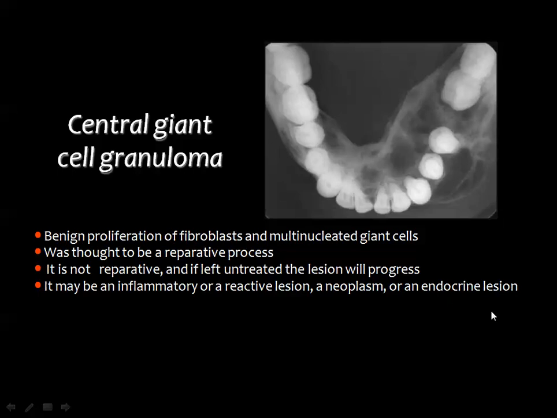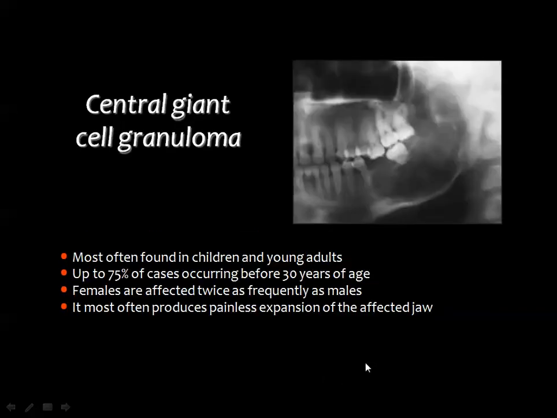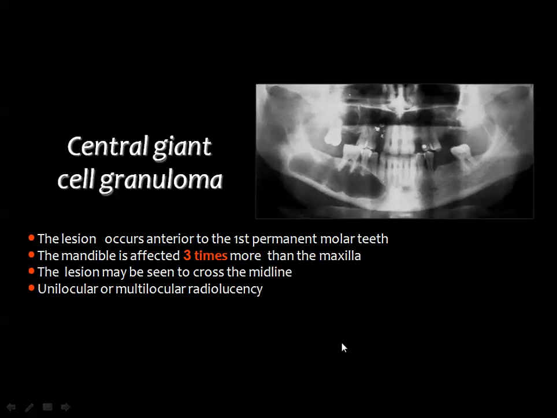Then this lesion is usually found in children and young adults, and most of the lesions occur before the age of 30 years old. Females are affected 2 times more commonly than males, and this is an osteolytic expanding lesion of the mandible. Then the mandible is affected 3 times more commonly than the maxilla.